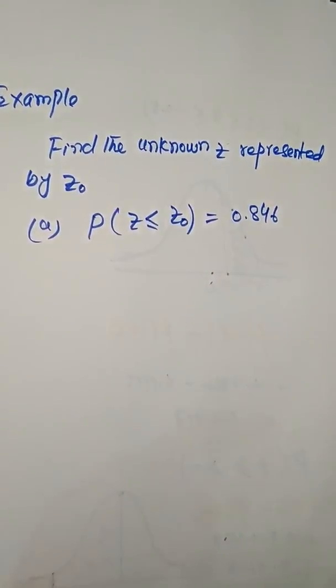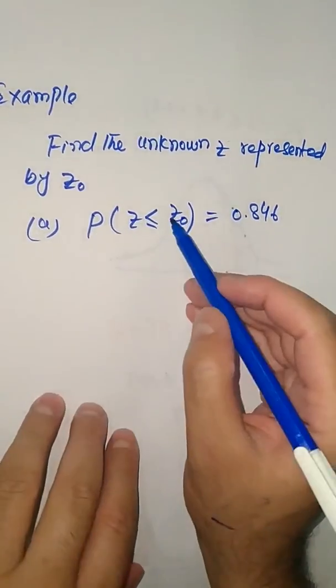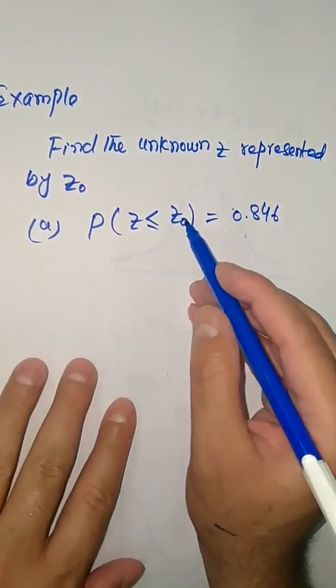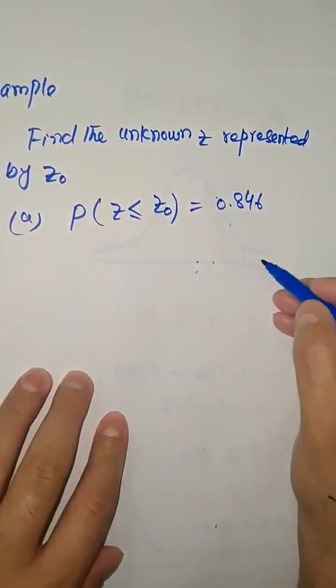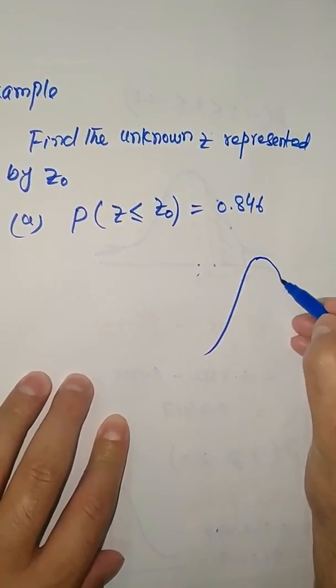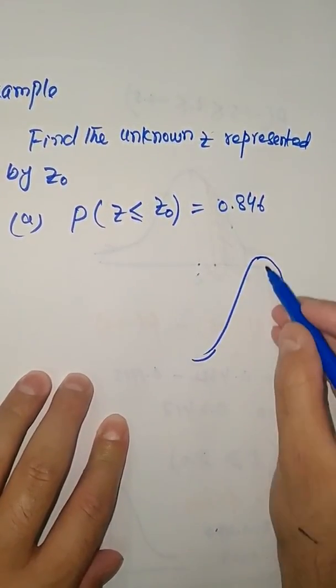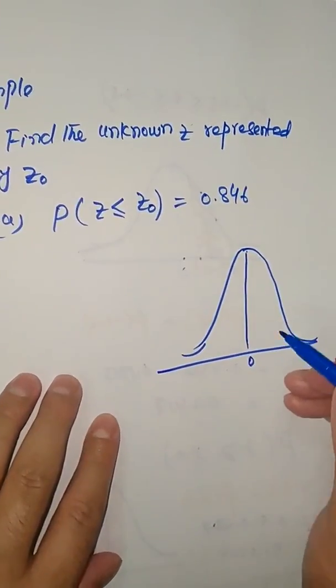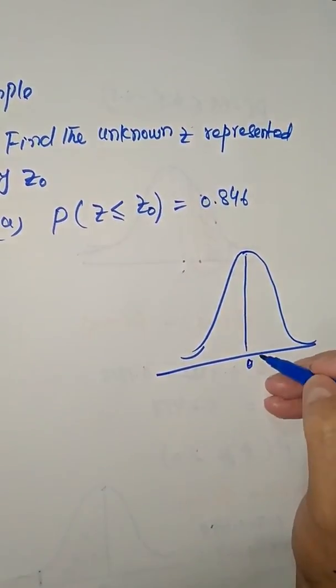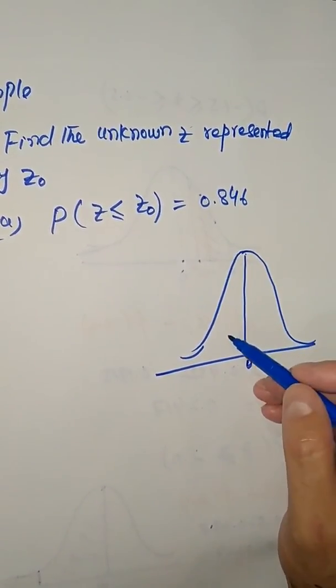0.846. So in this case z is positive, so we can write the probability, it will cover this area. This Gaussian curve is symmetric.